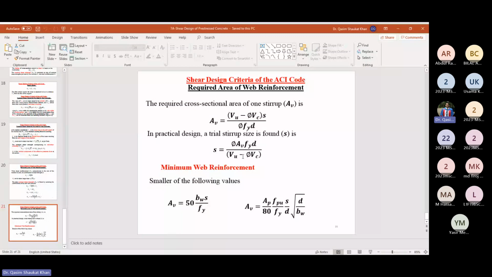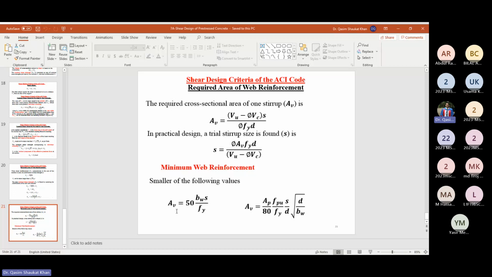Okay, so then there are two formulas which are given to ensure that the web reinforcement which you calculate should not be less than these two critical values. So the minimum web reinforcement is taken as the smaller of the following two values.